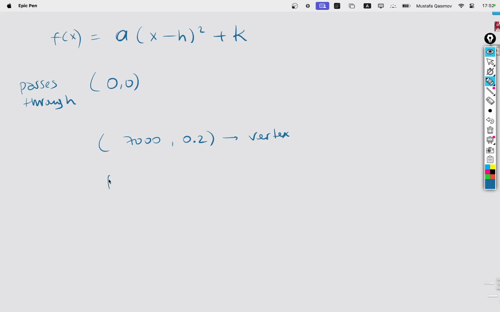What's the value of f(700)? Okay, find that one. You can use this formula or you can use Desmos. I am giving you 3 minutes. You have to do the same thing.